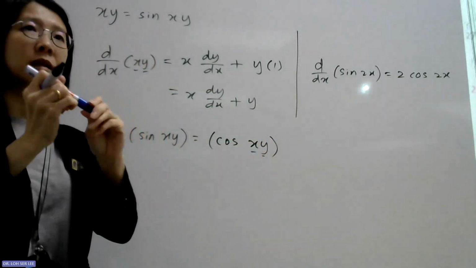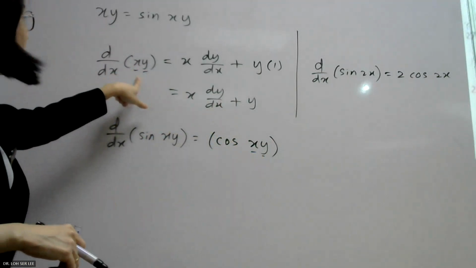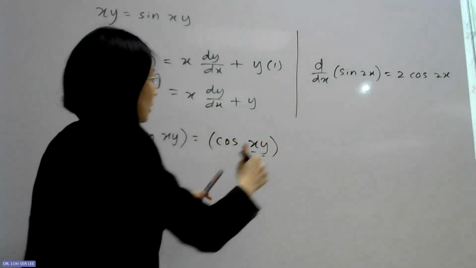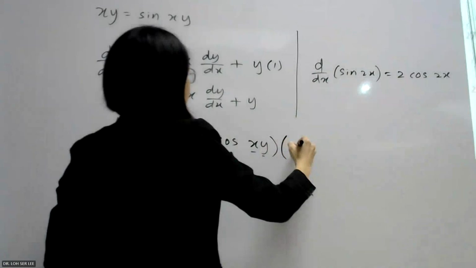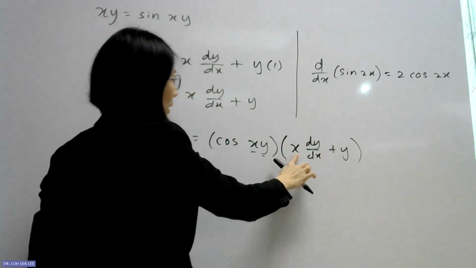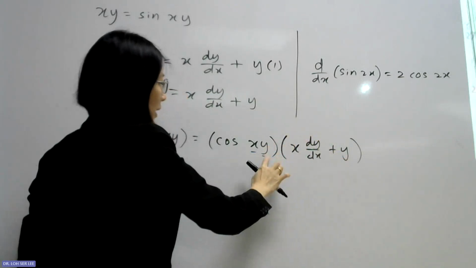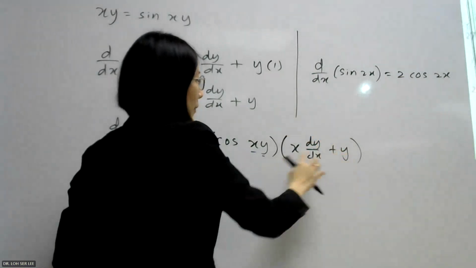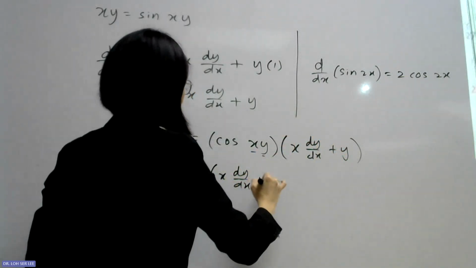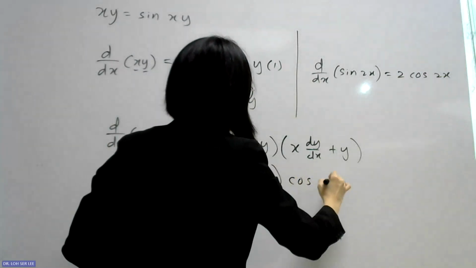It's uv, right? Now you differentiate with respect to x: copy, differentiate y, you get dy/dx, plus copy, differentiate x, you get 1. So the answer will be x dy/dx plus y. Oh, okay, this is cos xy.